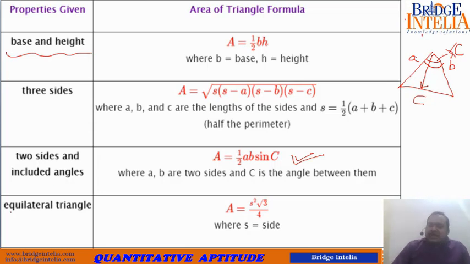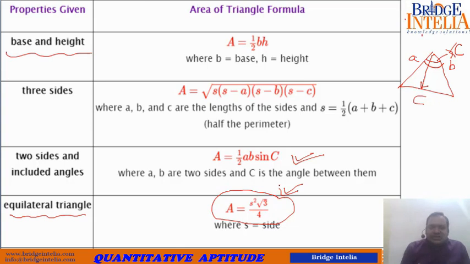Now the next scenario used to frame questions on area of a triangle is that an equilateral triangle would be mentioned. So what's so special about the equilateral triangle? The speciality about the equilateral triangle is that you already have a ready-made formula for it. The moment you notice that the triangle is equilateral and you know the value of its side and you are asked to find the area, you must straight away use this.